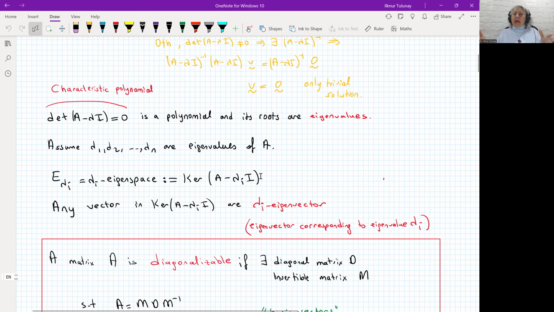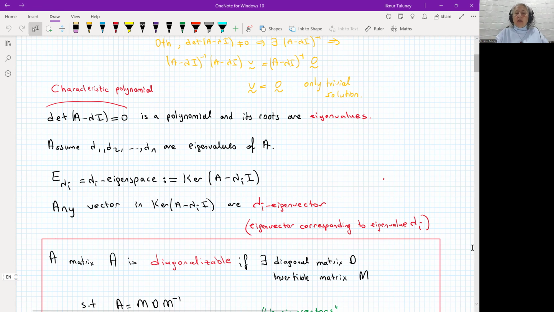Because there are infinitely many eigenvectors corresponding to eigenvalue lambda i. And when we are talking about the lambda i eigenvector, we refer to the basis of this vector space. So this is the definition.